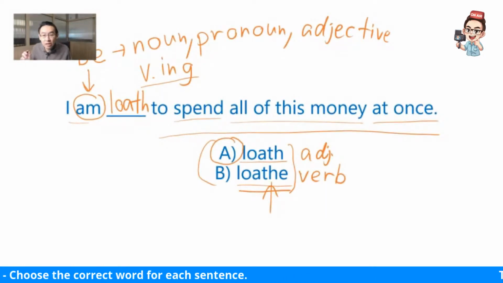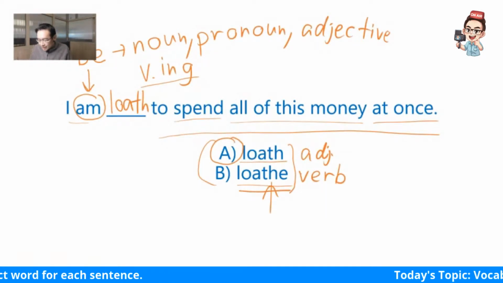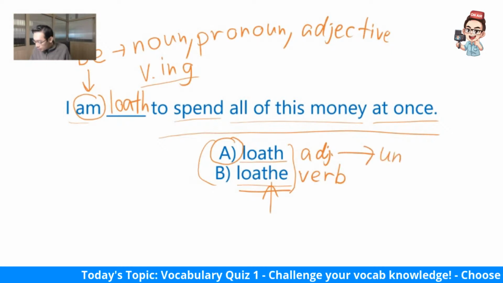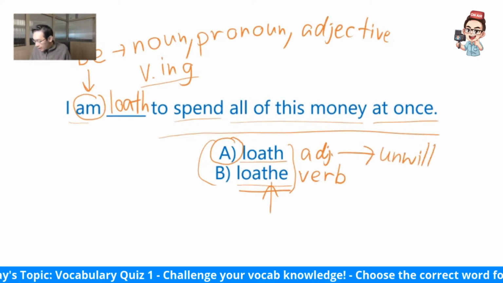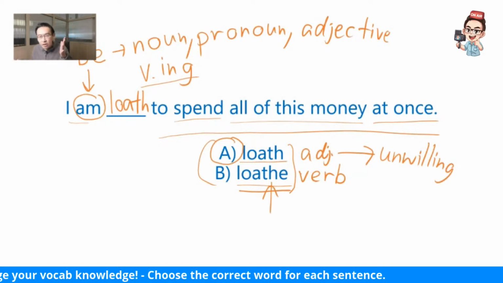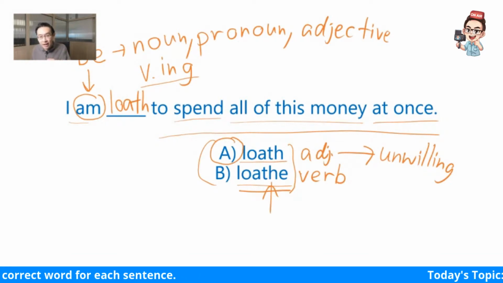But now let's look at the meanings, okay? So for this one, loath means unwilling, okay? Unwilling means what? You don't want to do something. If you are loath to do something, you don't want to do that thing. You are unwilling to do that thing.